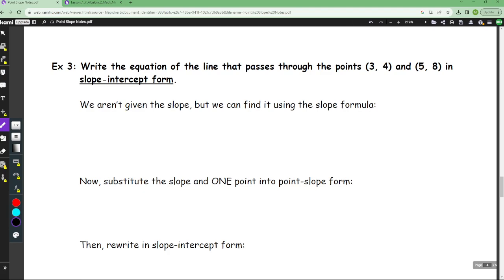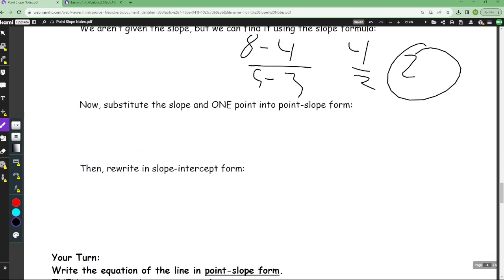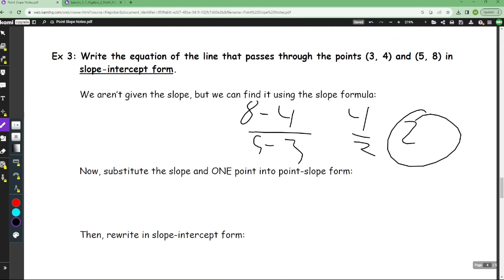Now we're given 2 points, and we're supposed to write in slope-intercept form. We can find that using the slope formula, change in y over change in x, which will get, let's see, 8 minus 4 over 5 minus 3, 2. Now we're going to substitute the slope and 1 point, let's go with (3, 4).